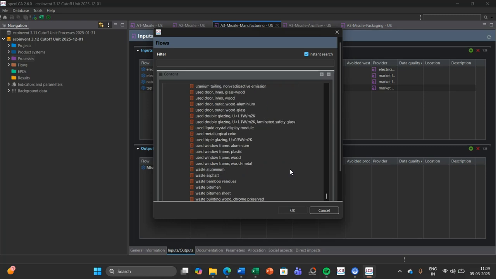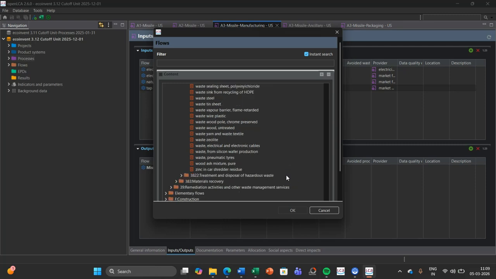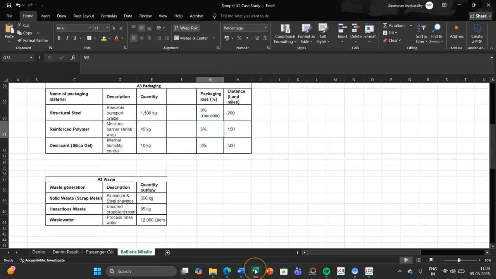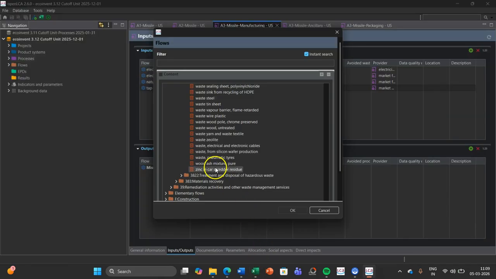So we shall just ignore the waste material, waste glass, sheet, fiberboard, rubber, ceiling sheet. Okay, it's not there. So only wastewater will be there, I think, 12,000 liters, right?